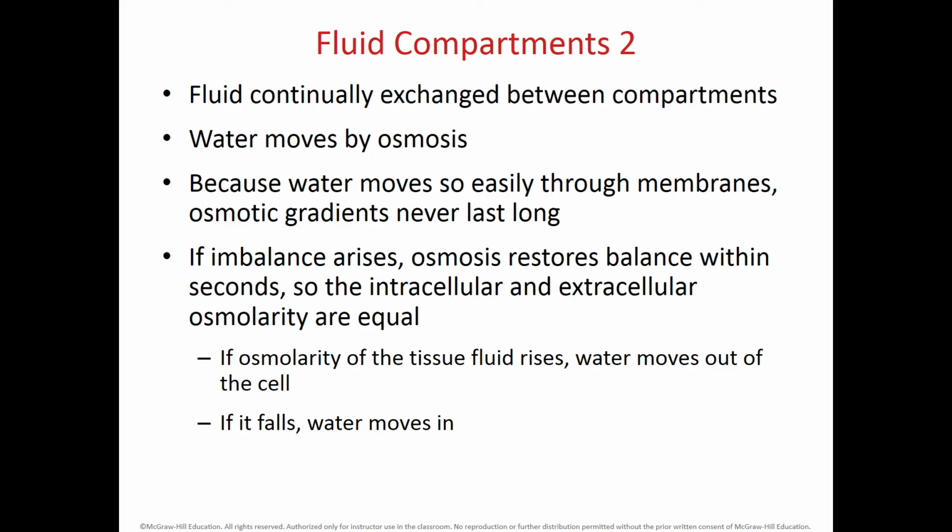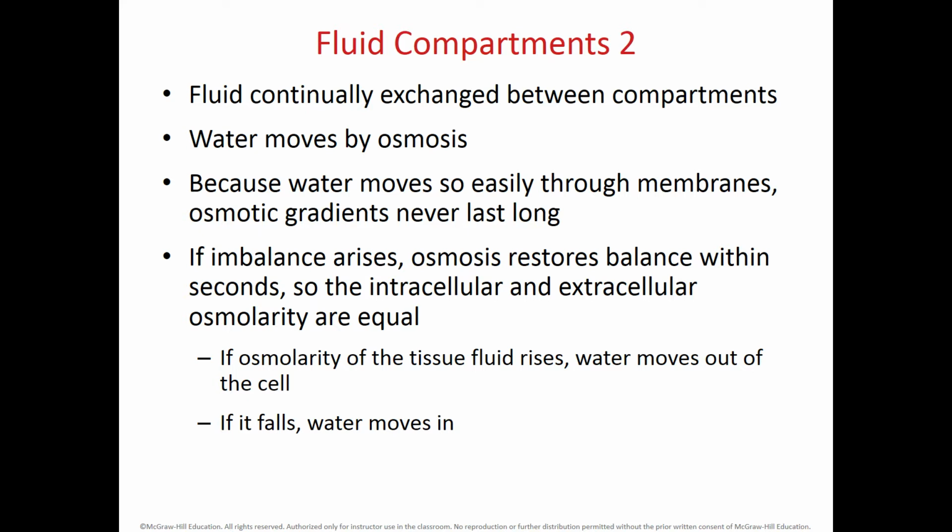Now, fluid is in constant motion, so it's always exchanged between the extracellular space and the intracellular space. Water moves through osmosis and uses little channels located within the plasma membrane called aquaporins.